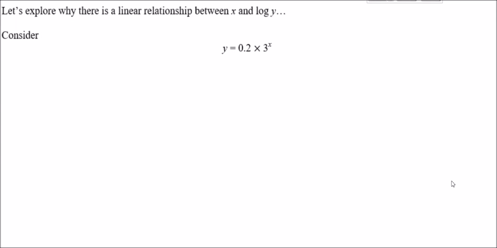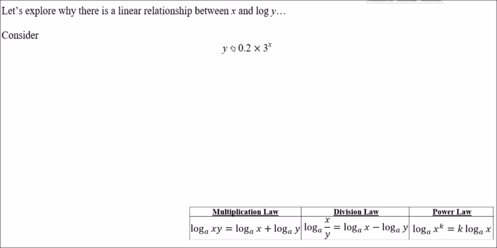So as I was saying, why would the graph of log y and x give us a straight line graph, whereas the graph of x and y gave us an exponential curve? Why this difference? So let's just consider this step by step. And what we need to remember is some things from the other lesson or two, which I'm going to just put in the corner here just as a little reminder to us. So we need to use these laws of logs.